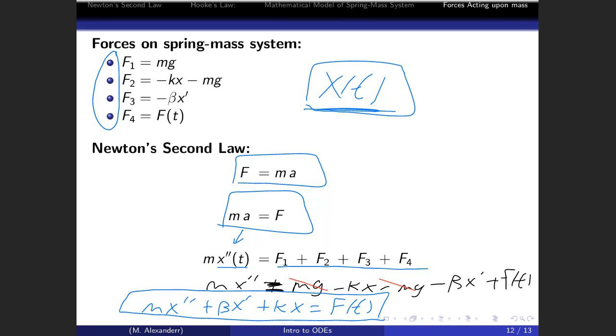But today we are only coming up with the differential equation, and notice that this is a second order linear differential equation where the constants are m for mass, beta for the damping force, k for the spring constant, and capital F for the external forces.